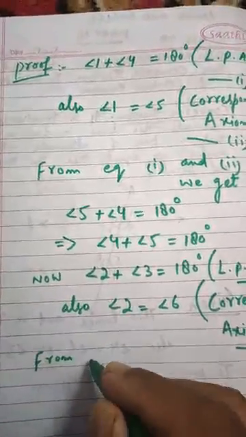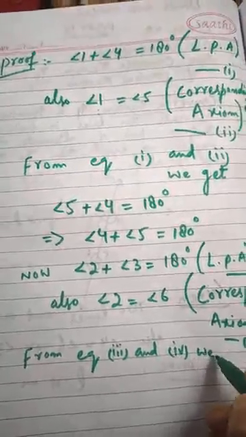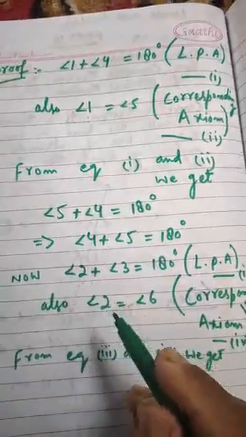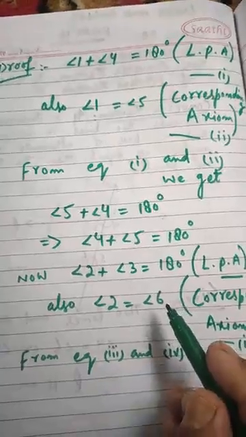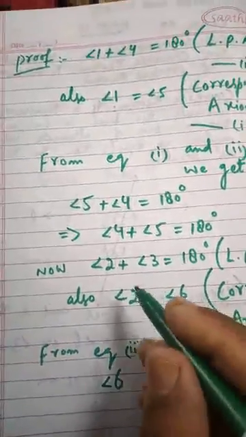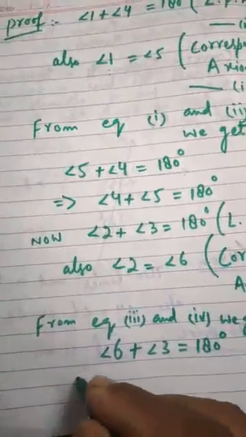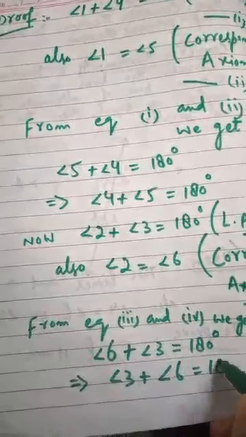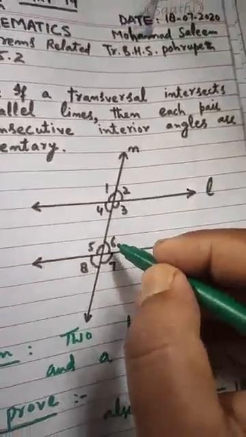From the third and fourth equations, we see that here also there is angle 2, and here also there is angle 2, and angle 2 is equal to angle 6. That means instead of angle 2 we can write angle 6. So here, instead of angle 2 we can write angle 6 plus angle 3 is equal to 180 degrees, or angle 3 plus angle 6 is equal to 180 degrees.